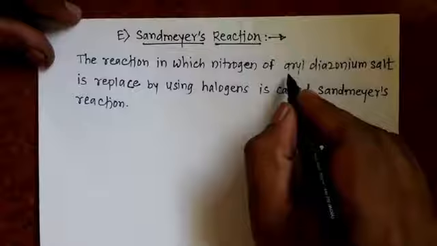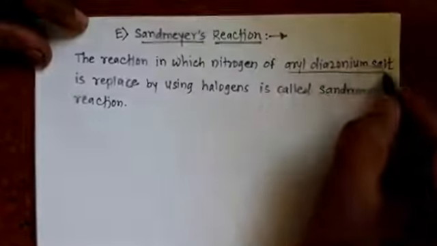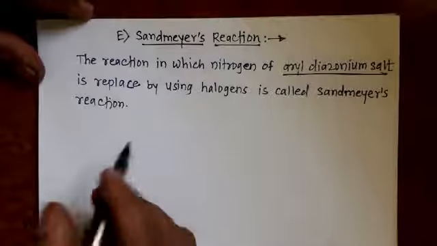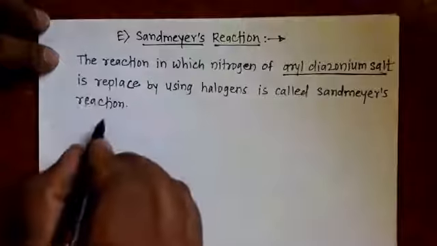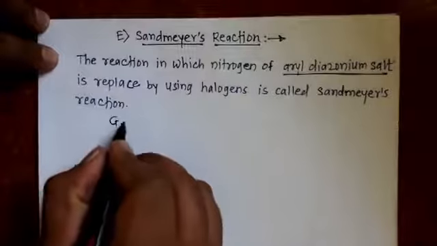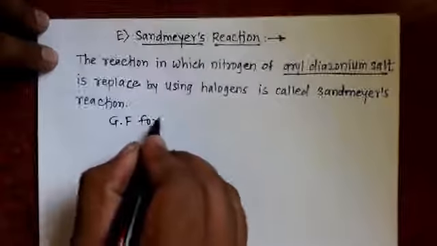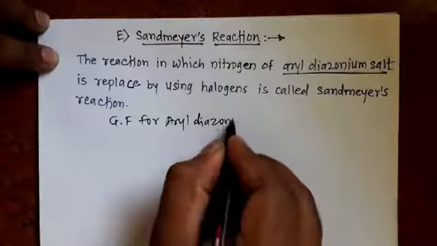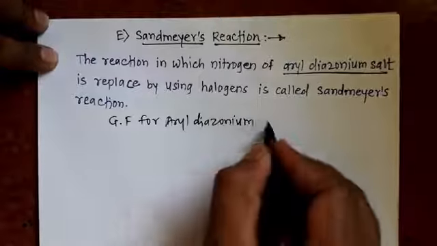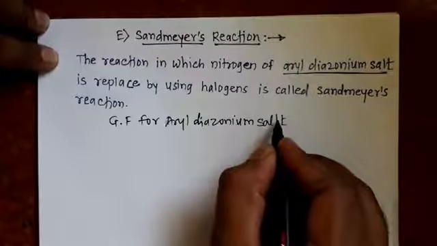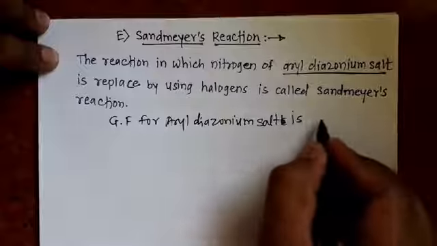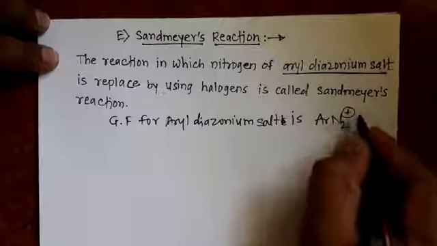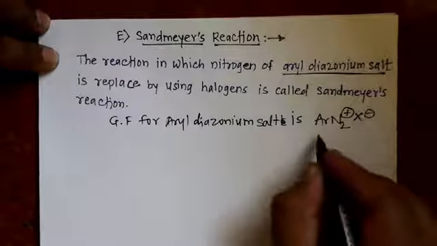Here the term aryl diazonium salt comes up. The general formula for aryl diazonium salt is Ar N2 plus X minus.